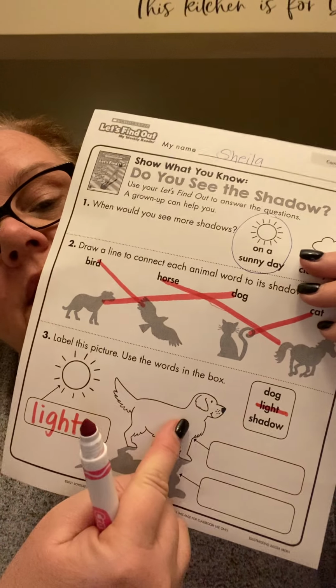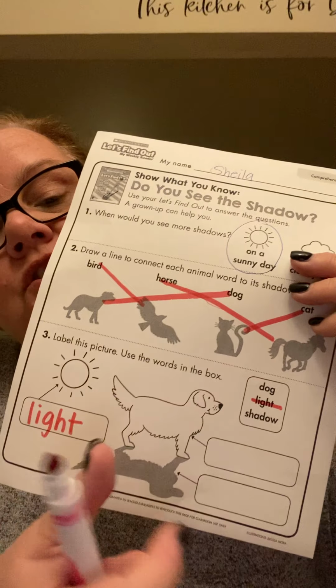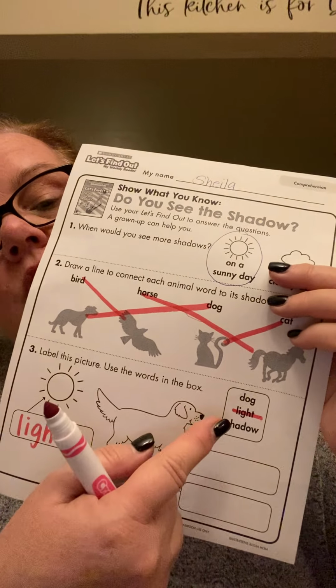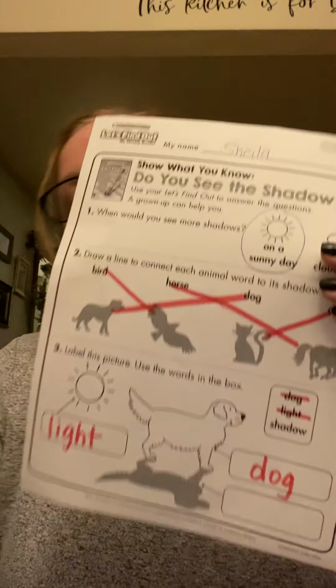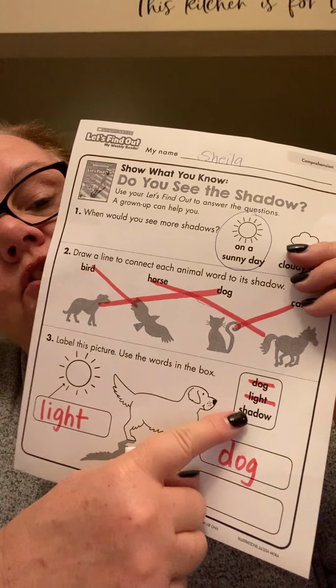Now the two words we have left to choose from are dog and shadow. And we can see this is a picture of our dog. So we're going to write dog in here. And then our last word from our word bank is shadow.